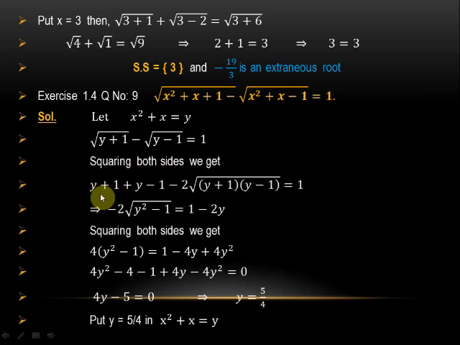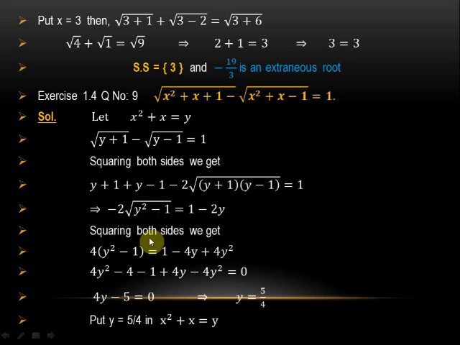Now 1 cancels with minus 1, y plus y is 2y, we switch 2y from left to right side and get minus 2 under root y square minus 1 is equals to 1 minus 2y.